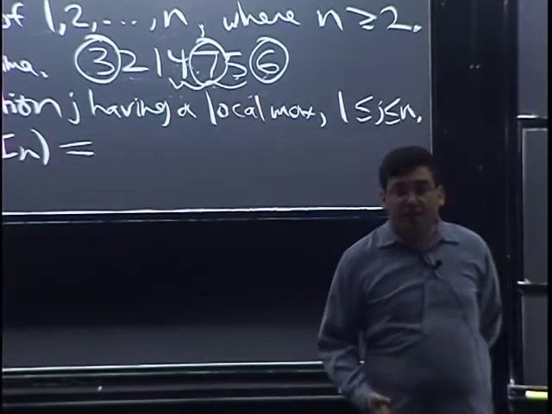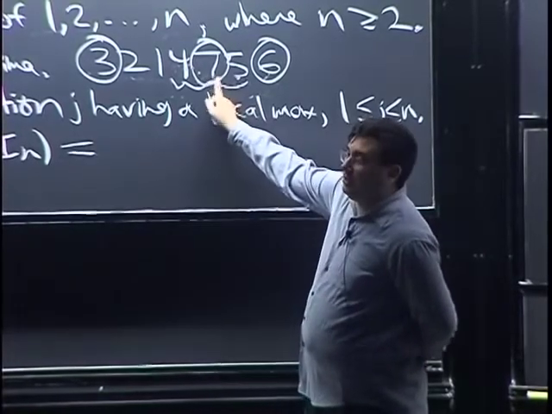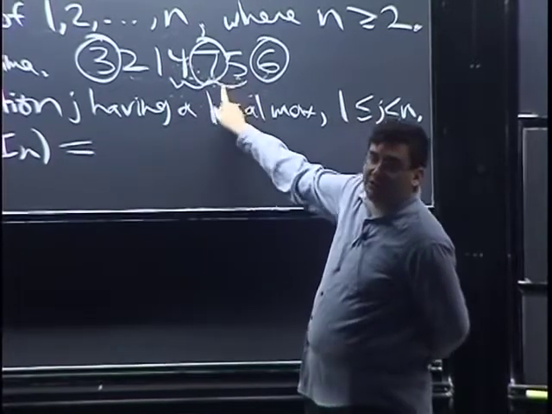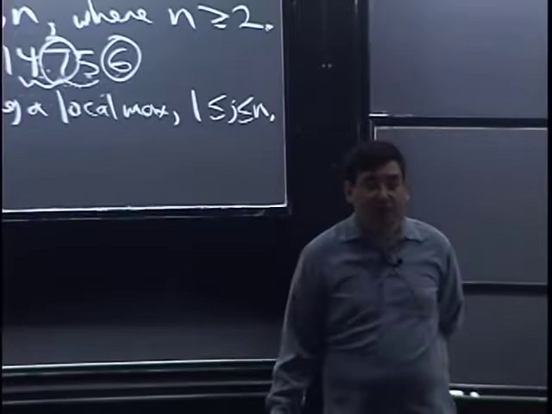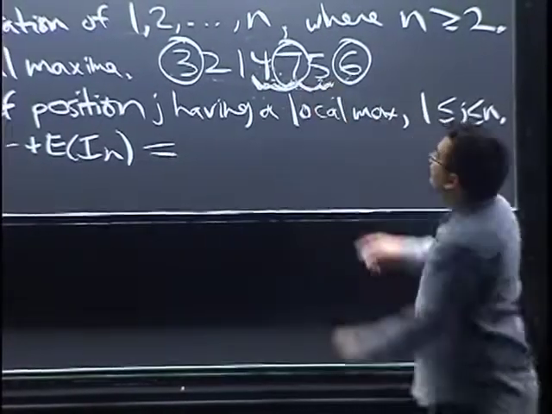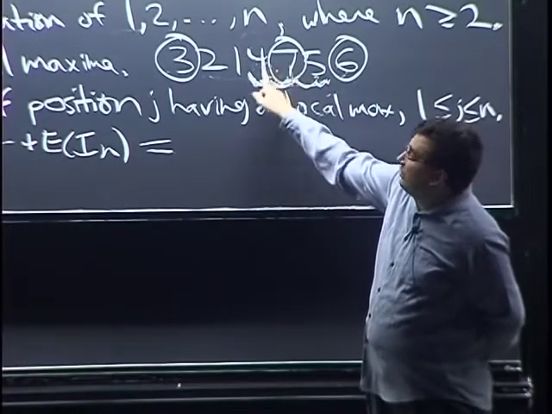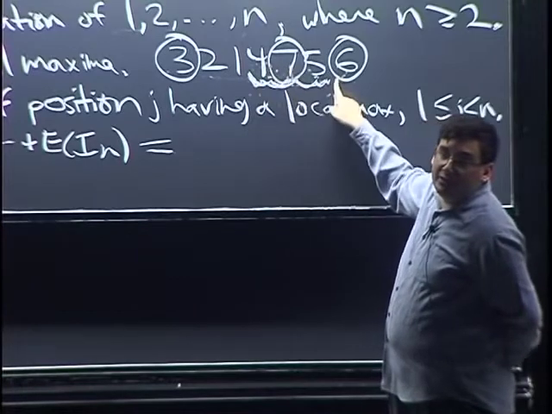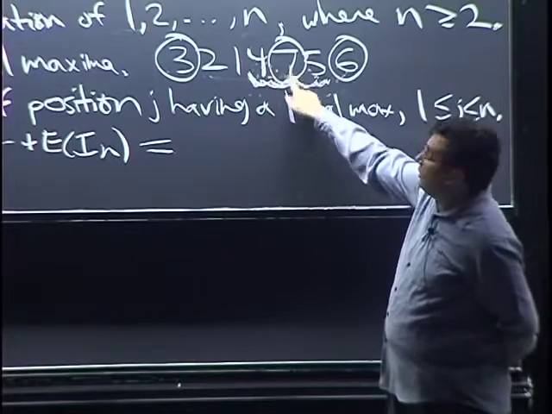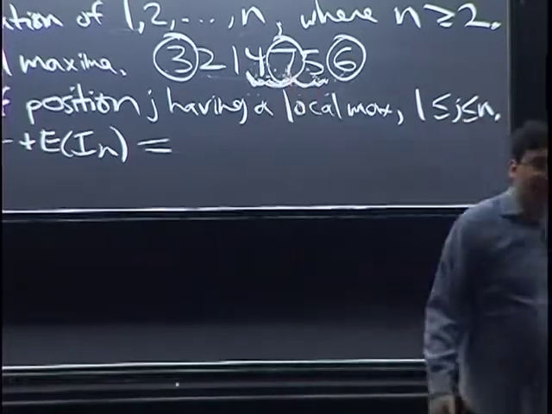And of those 6 orders, there's 2 ways that the biggest could be in the middle, because it could have been 4, 7, 5 or 5, 7, 4. 2 over 6 is 1/3. Or an even better way to think of it is that the largest number among those 3 is equally likely to be in any of those 3 positions. The 7 was equally likely to have been there, there, or there. So there's a 1/3 chance that the biggest number is in the middle.